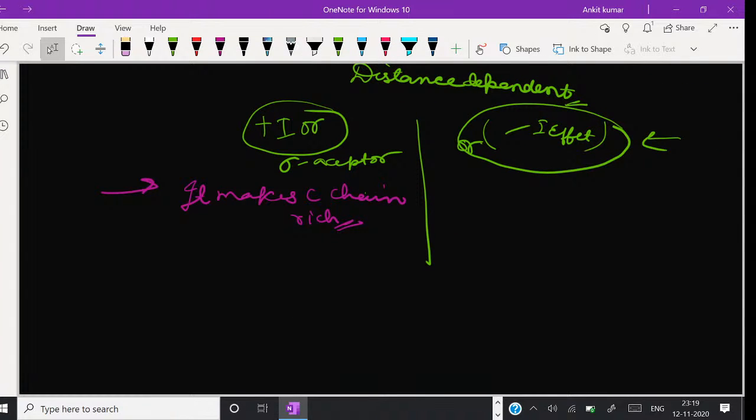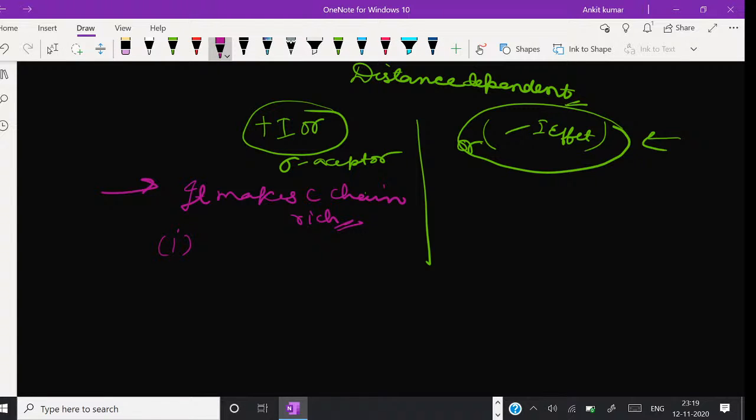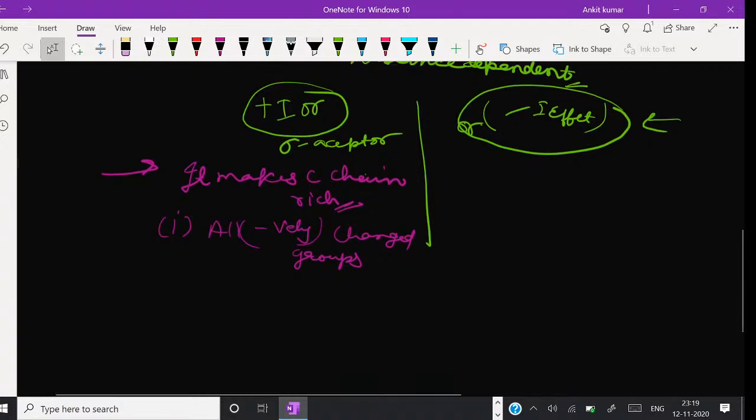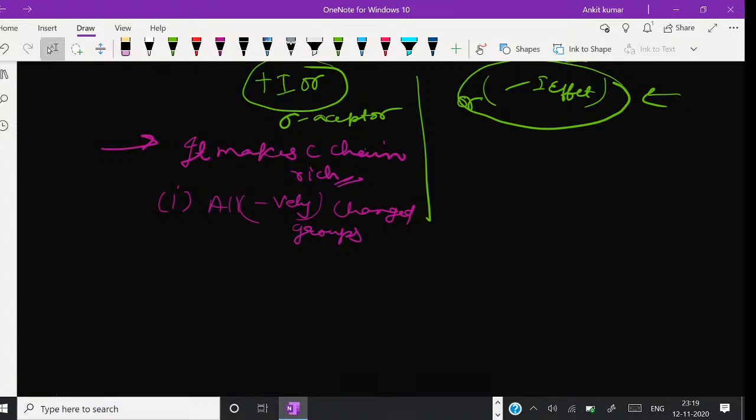So basically examples will be all negatively charged groups, and saturated hydrocarbons.